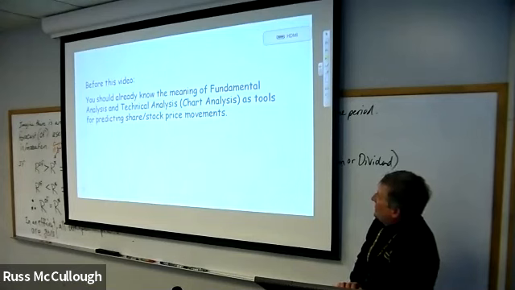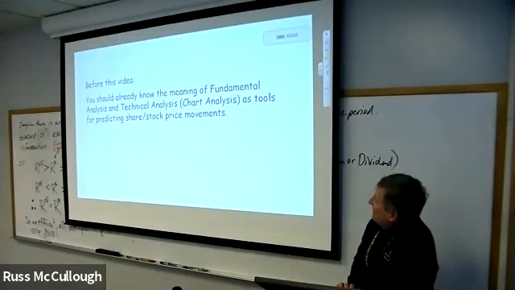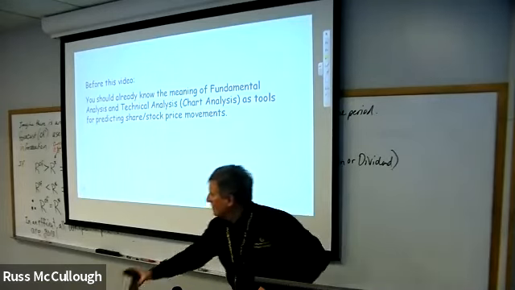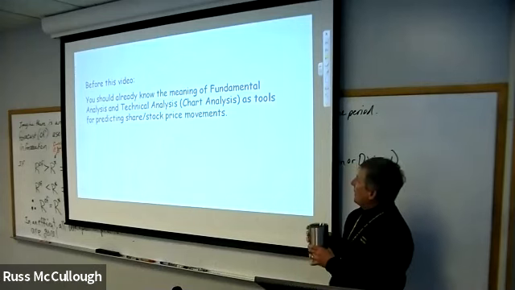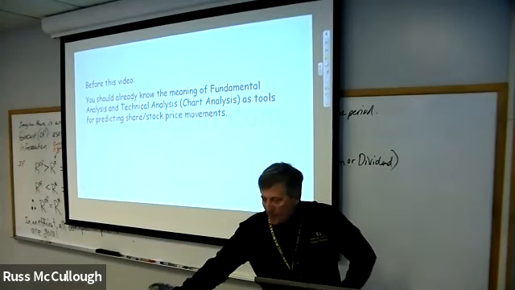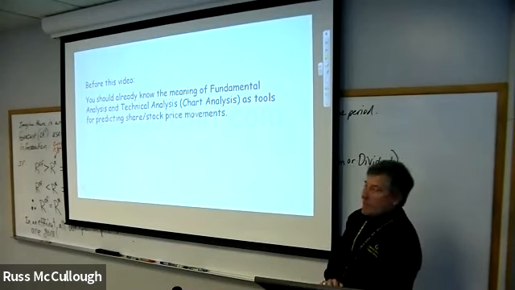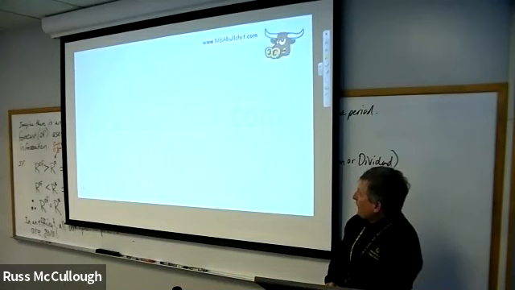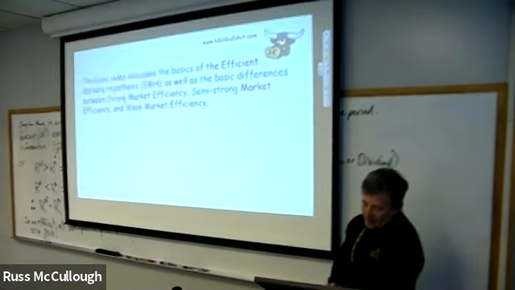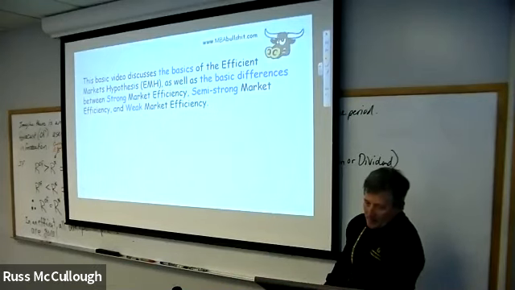Now, before this video, it's best that you already know the meaning of fundamental analysis and technical analysis, also known as chart analysis, as tools for predicting share and stock price movement. Share and stock is the same thing. Some people say share price, some people say stock price. So make sure you know these two forms of stock price analysis before watching this video. Okay. Now, this basic video discusses the basics of efficient markets hypothesis, as well as the basic differences between strong market efficiency, semi-strong market efficiency, and weak market efficiency.